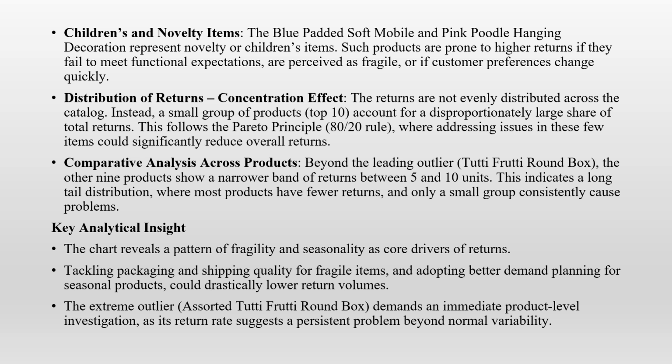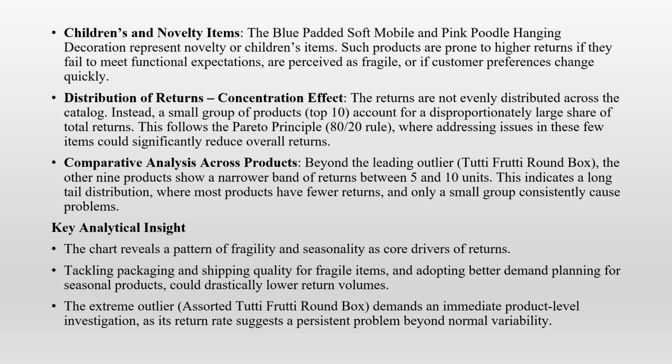Now, our fourth observation is distribution of returns, the concentration effect. The returns are not evenly distributed across the catalog. Instead, a small group of products, the top 10 which we picked, account for a disproportionately large share of total returns. This follows the Pareto principle, the 80/20 rule, where addressing issues in these few items could significantly reduce overall returns.